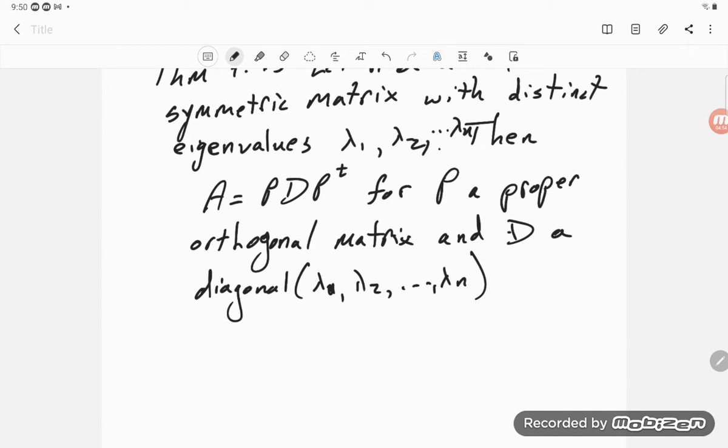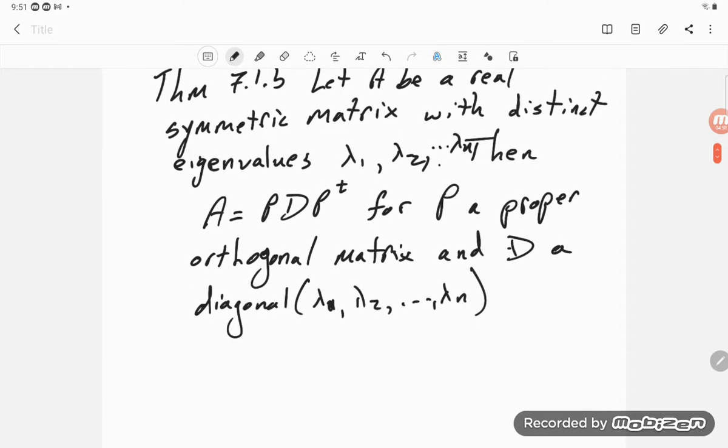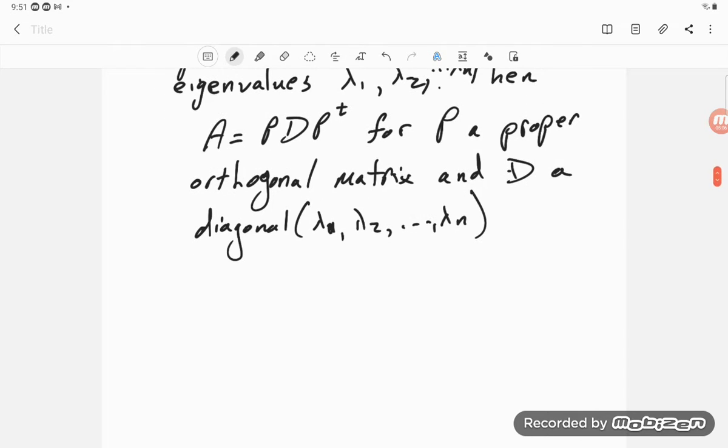So that is pretty awesome. Okay, so any real symmetric matrix, with distinct eigenvalues, we can do this type of decomposition. And so that's very nice.